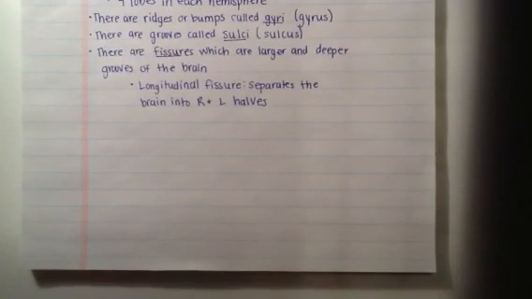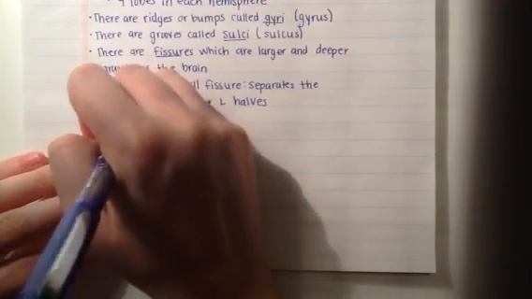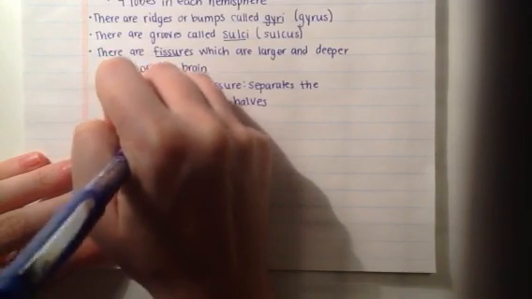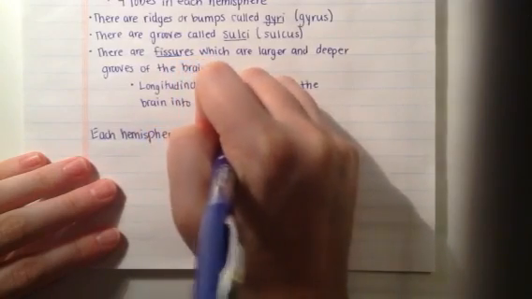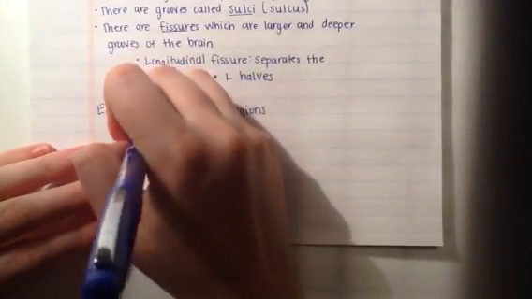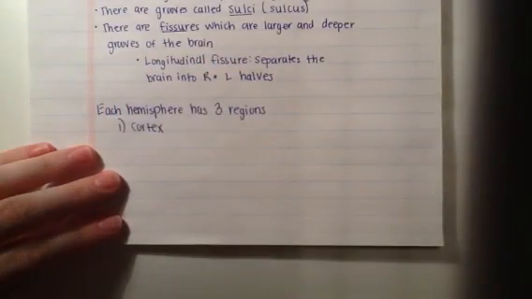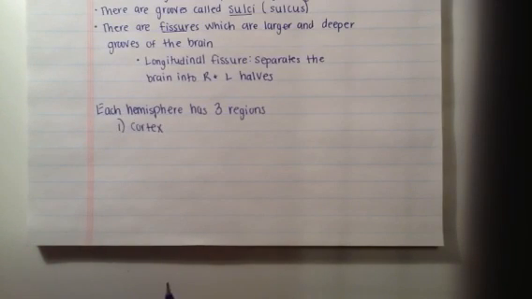Okay, each cerebral hemisphere has 3 regions. And the first one is called the cortex, and that's going to be the outermost part of the brain.